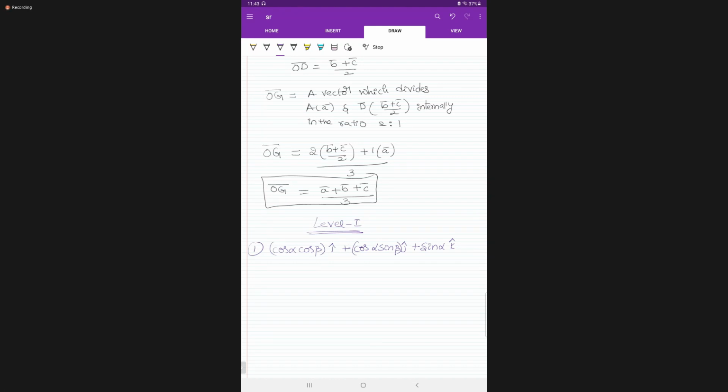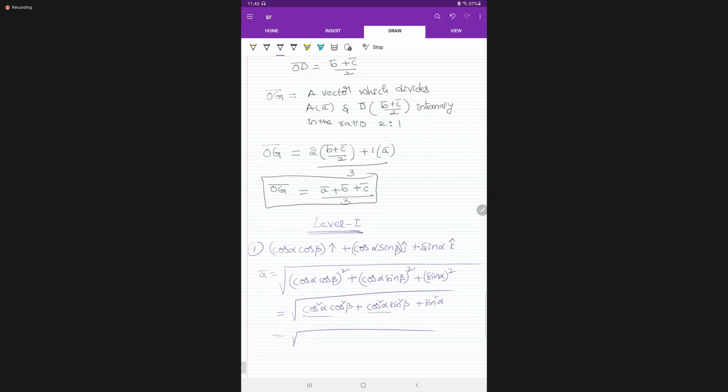Here we have to find whether it is a unit vector or null vector, which means take the magnitude. What is the magnitude? Tell me, students. Take the square root. So cos alpha cos beta whole square plus cos alpha sin beta whole square. Do it, all of you. Then plus sin square alpha.